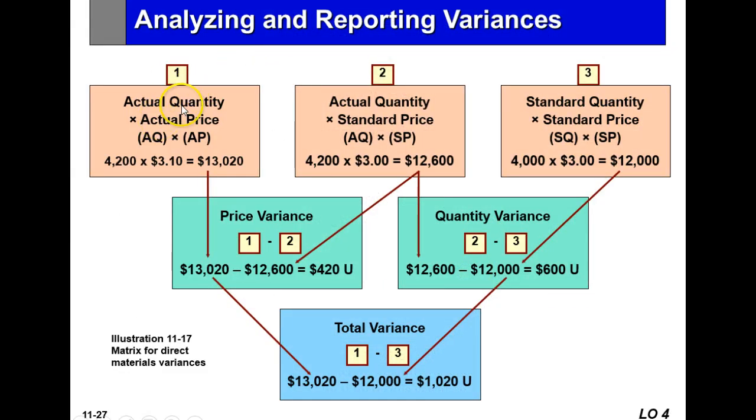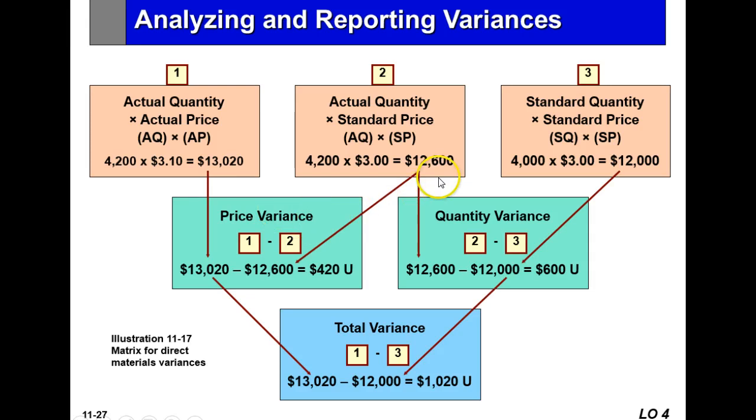So when we're dealing with actual quantity and actual price, that's what we really completed. Then that is part of this price variance. When we take AQ times AP and subtract AQ times standard price, this gives us our price variance.